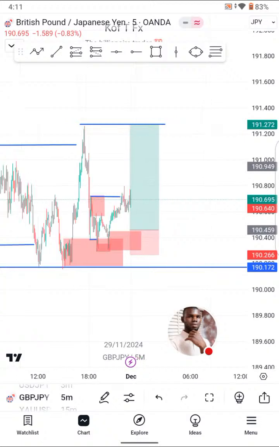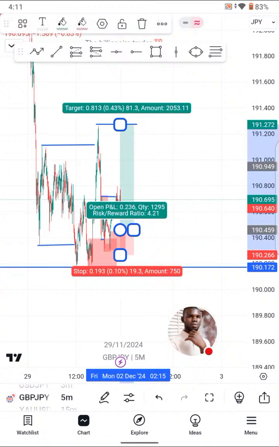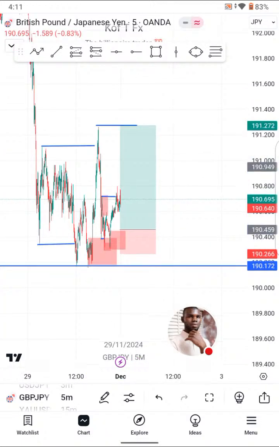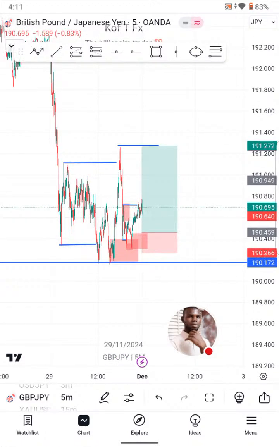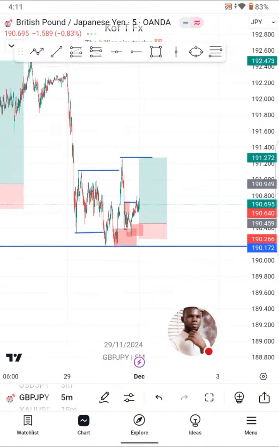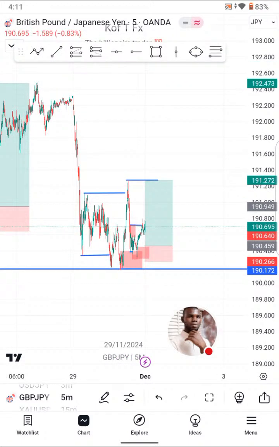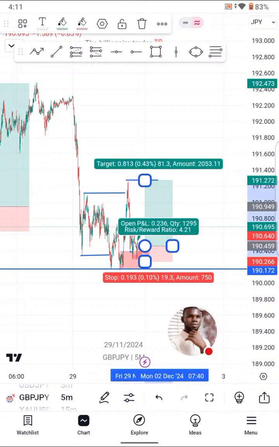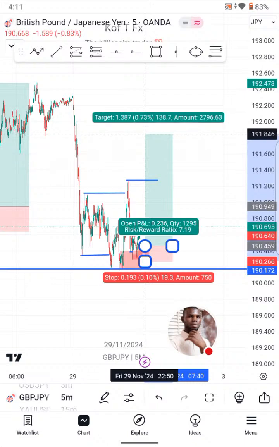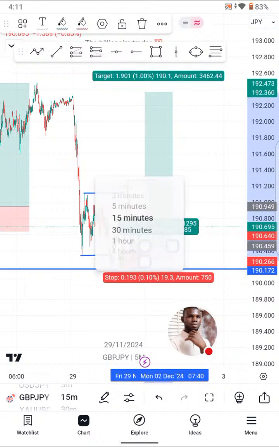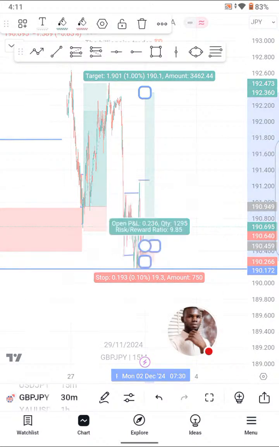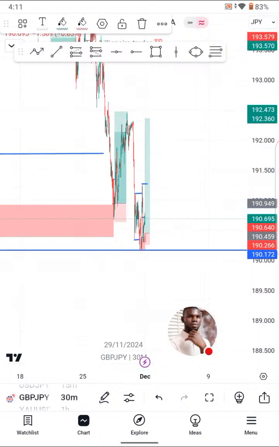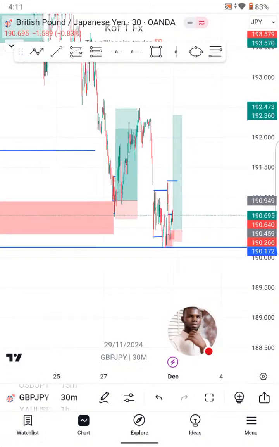I already have a confirmation entry here, but I can't just set a limit because I don't know what is going to happen before the market actually opens. So 4 hours for the first target.